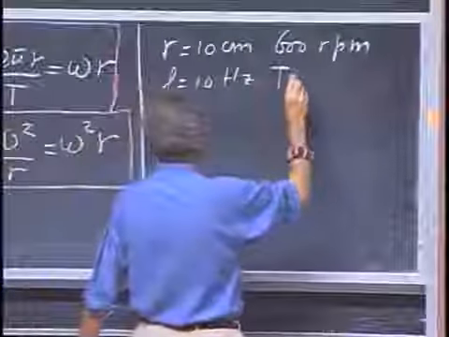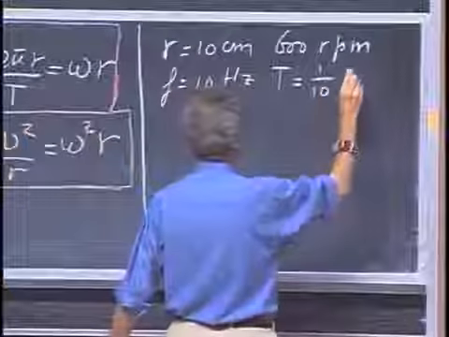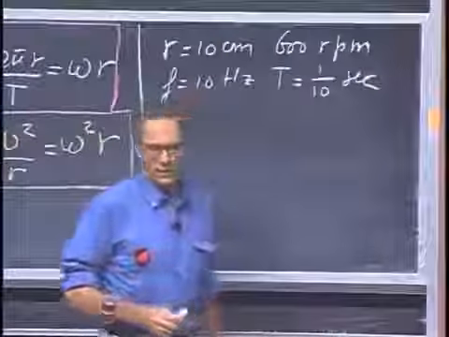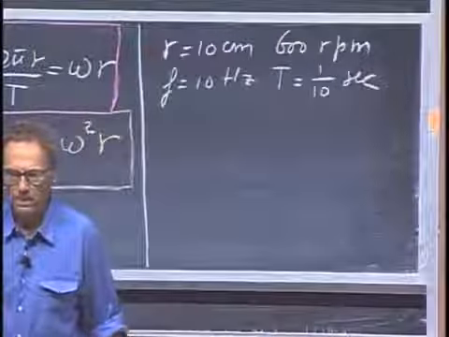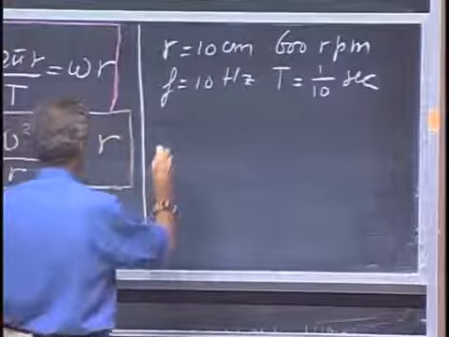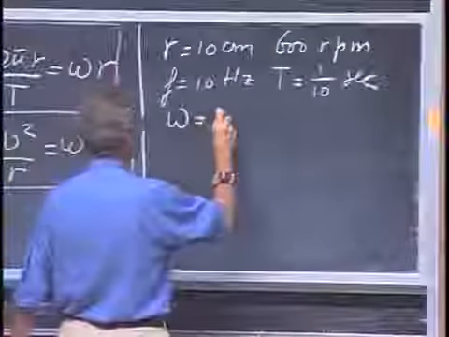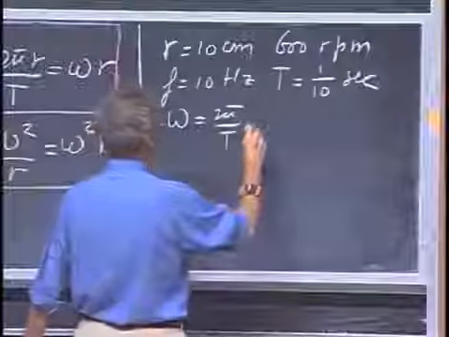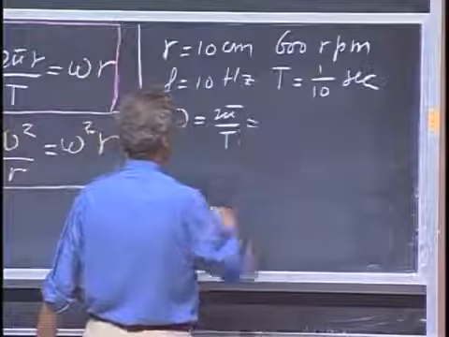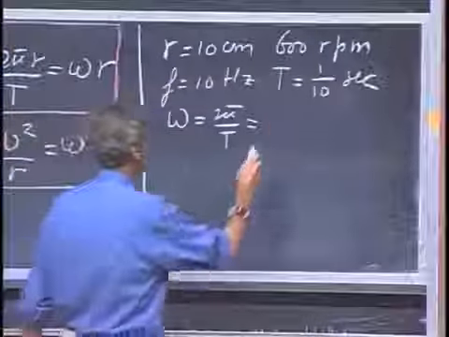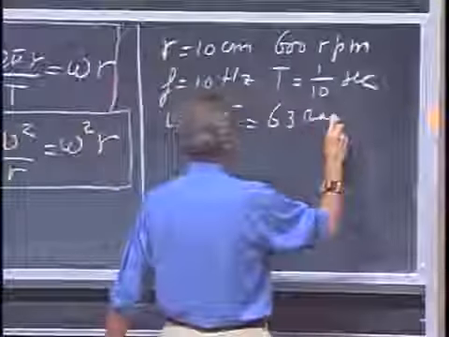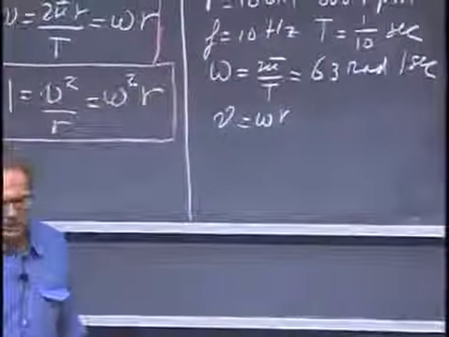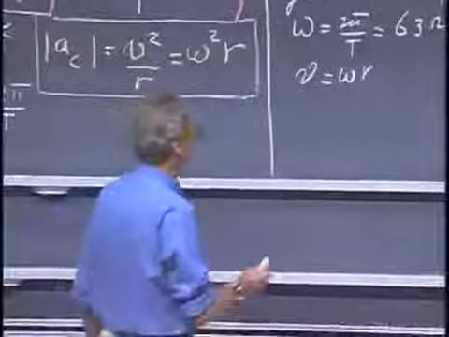So it would translate into a period of 1/10 of a second. So omega, angular velocity, which is 2 pi divided by T, is then approximately 63 radians per second. And the speed v equals omega r is then roughly 6.3 meters per second.